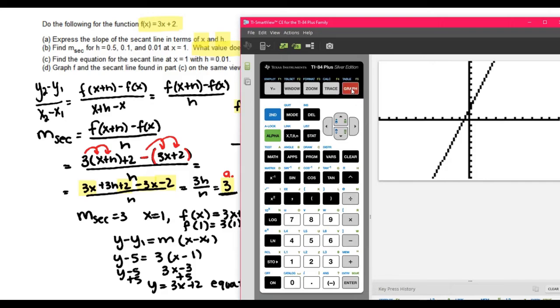And to graph them in the same viewing window, they are the same line. So this is a little unusual, but because the function is a linear function, the secant line is the same as the original function. And so we've answered all of the parts on this example.